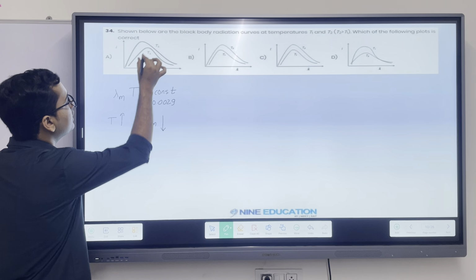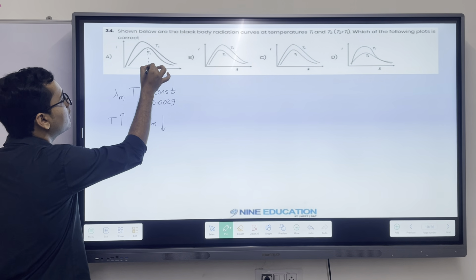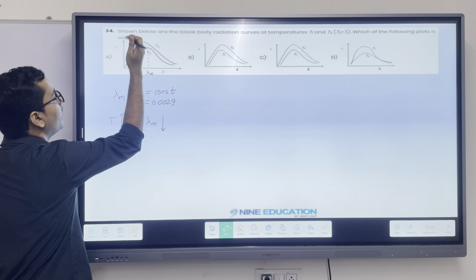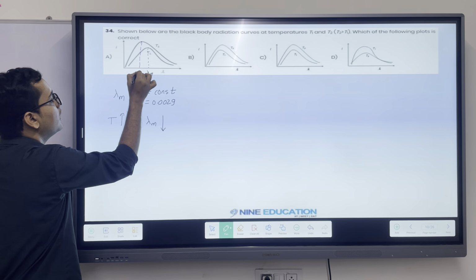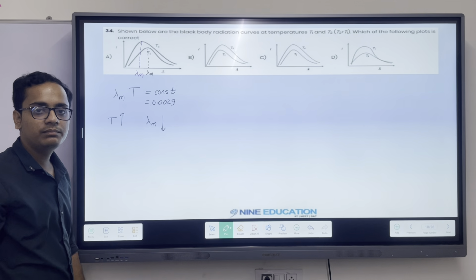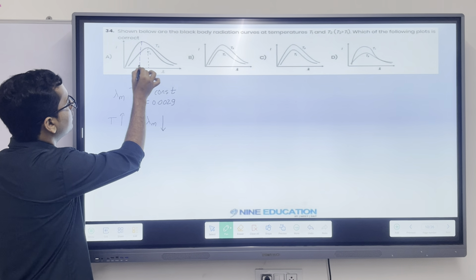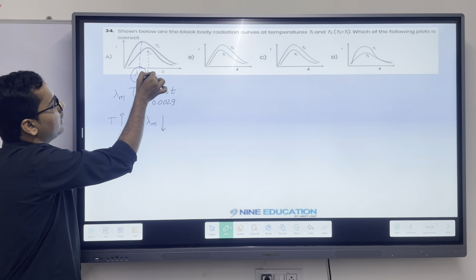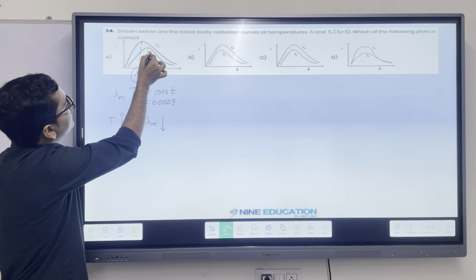Okay. You can clearly see here, this is the wavelength corresponding to the maximum radiation, and this is the wavelength corresponding to the maximum radiation. So this wavelength is less than the wavelength for the second case.